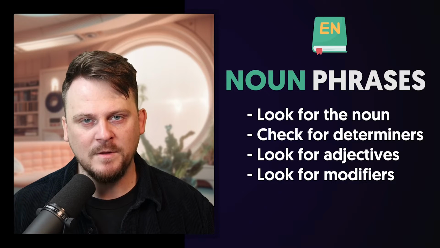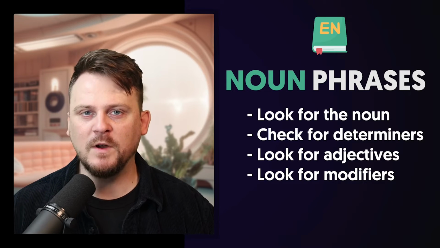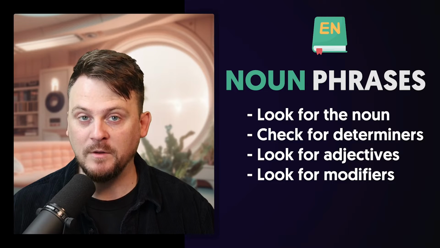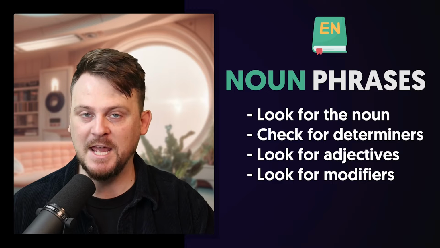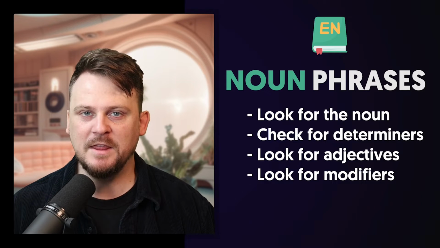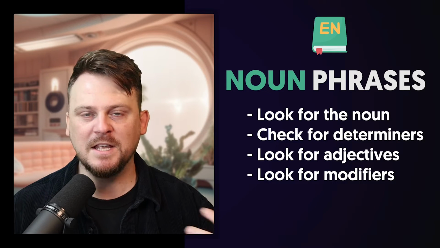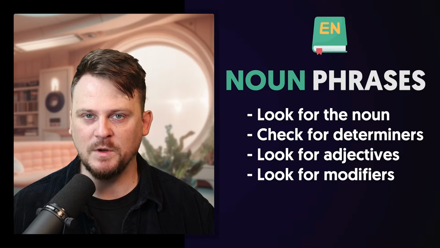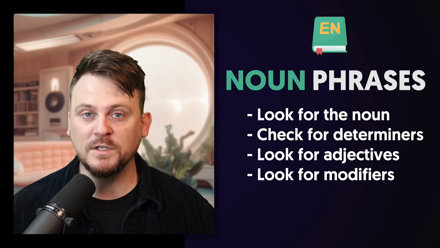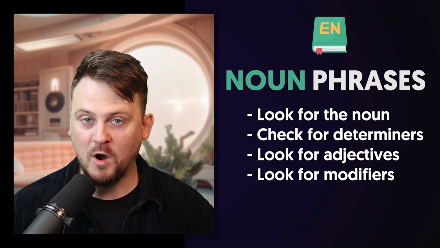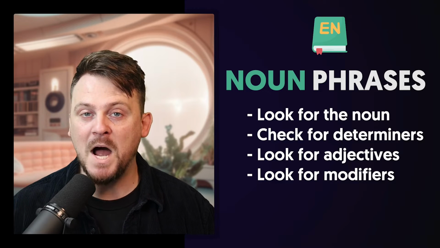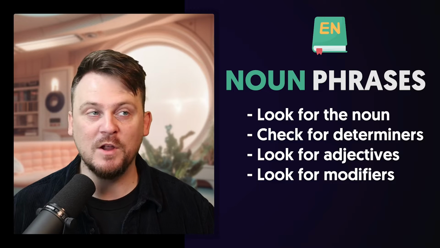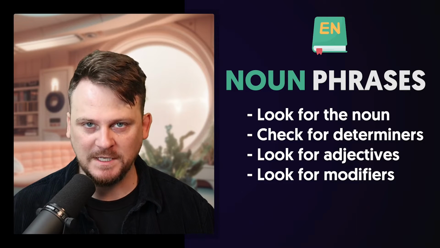We look for a noun. The main word in a noun phrase is always a noun. It doesn't mean that it always comes first, but it is there, right? The noun is the key thing there. Places, things, ideas, it's always there. Look for determiners. Determiners might include articles like, as I mentioned, the, but can also include things like my, his, her, this, that, those, for example.